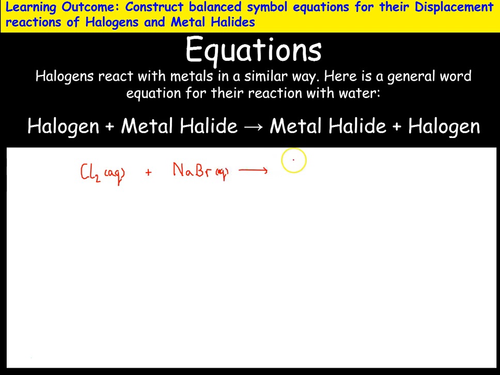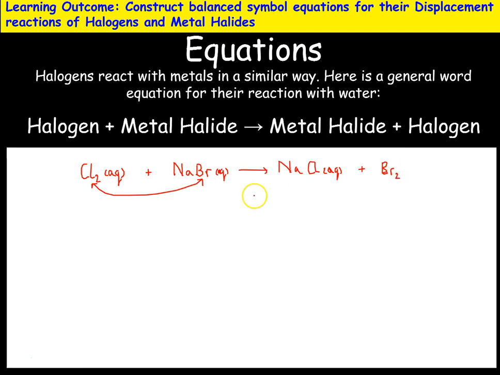What will happen is the chlorine, because it's more reactive than bromine, will swap places. So you will have sodium chloride in solution. So the solution will lose its pale green colour because the chlorine is now in the compound, and we will be left with bromine in solution.